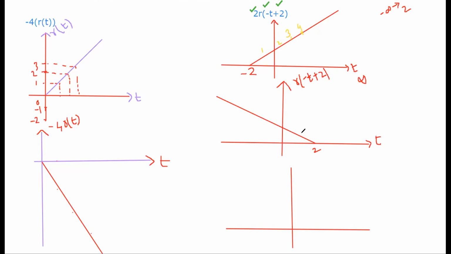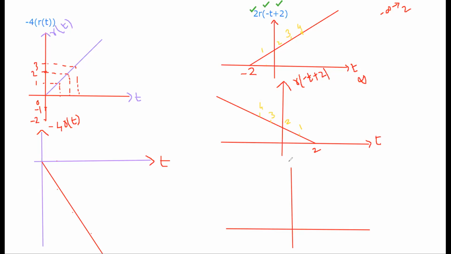Similarly, the reversal version should have 0 at t equal to 2, 1 at t equal to 1, 2 at t equal to 0, 3 at t equal to minus 1, 4 at t equal to minus 2.